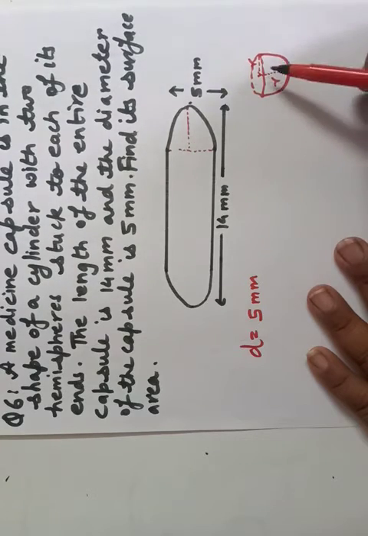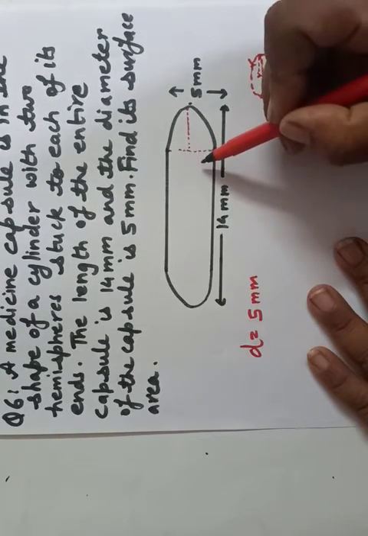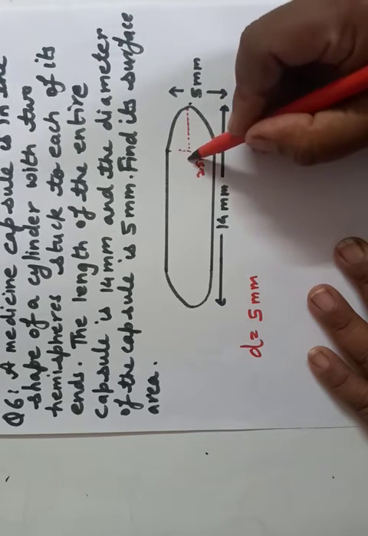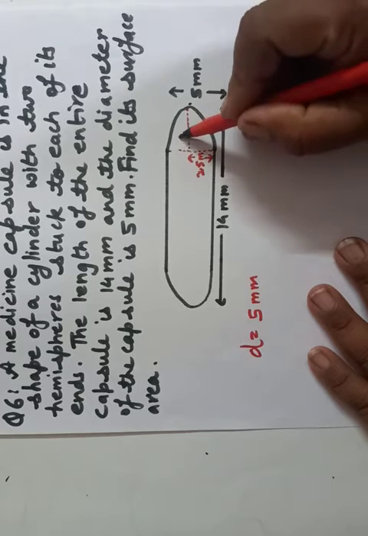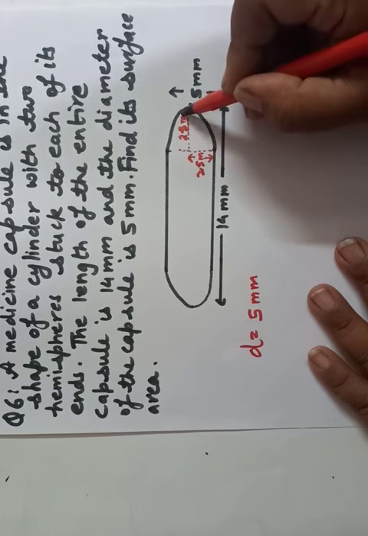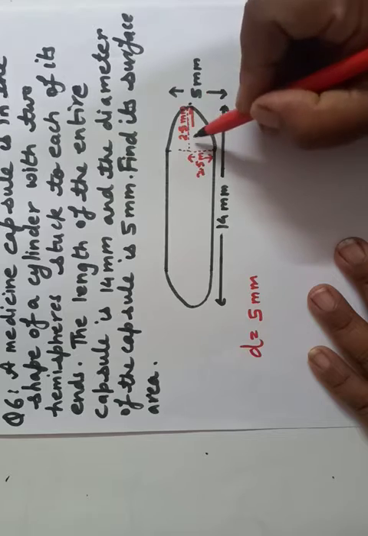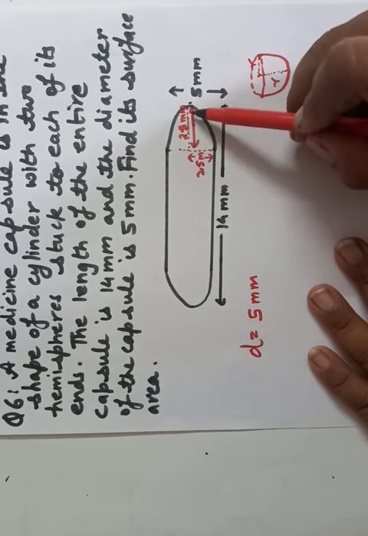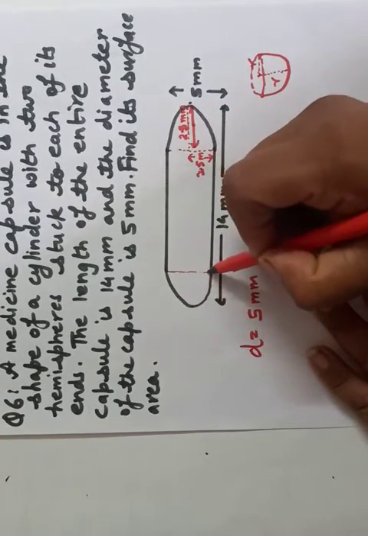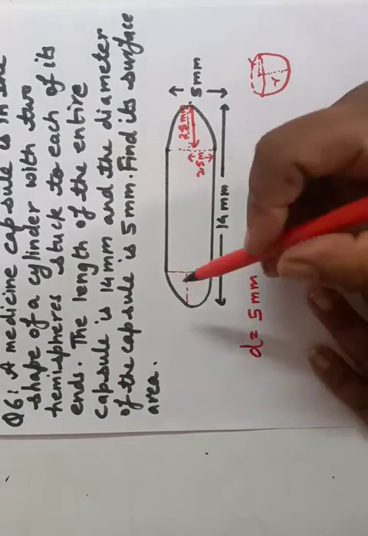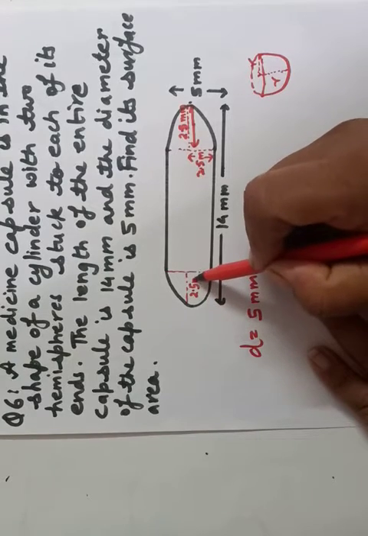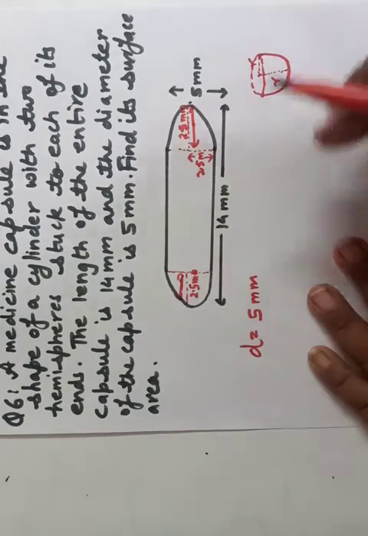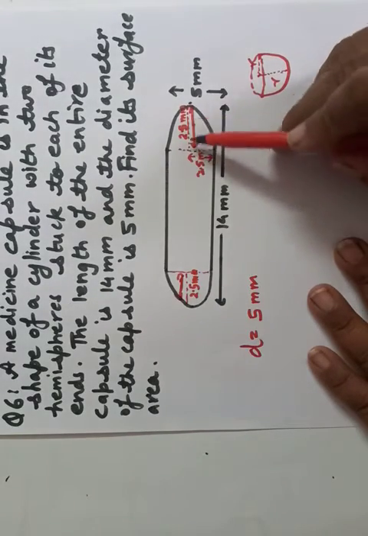So this radius will become 2.5 mm, and this complete length will also become 2.5 mm, and the same for here. This one is also 2.5 mm, the radius of the hemisphere.